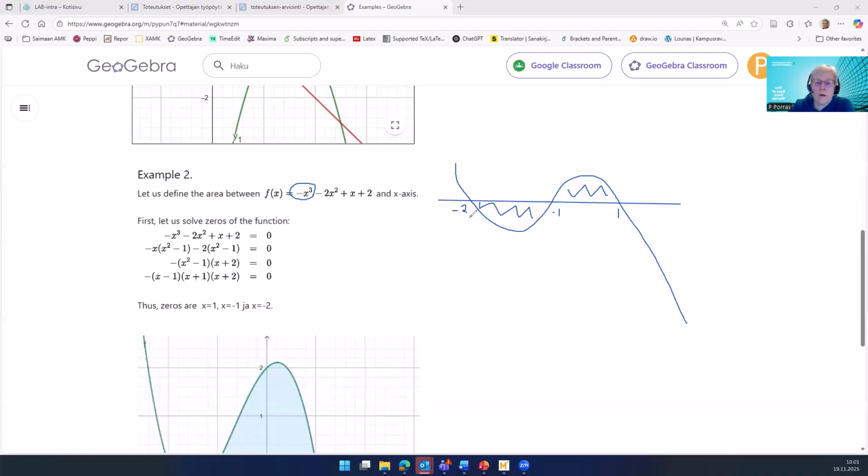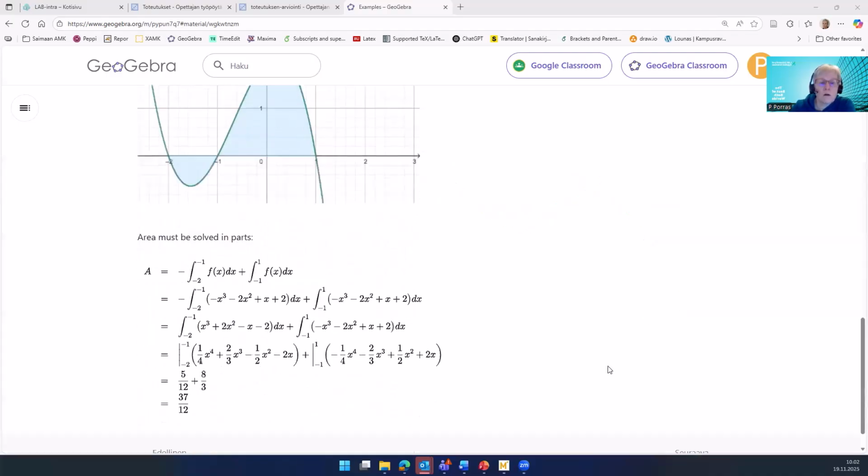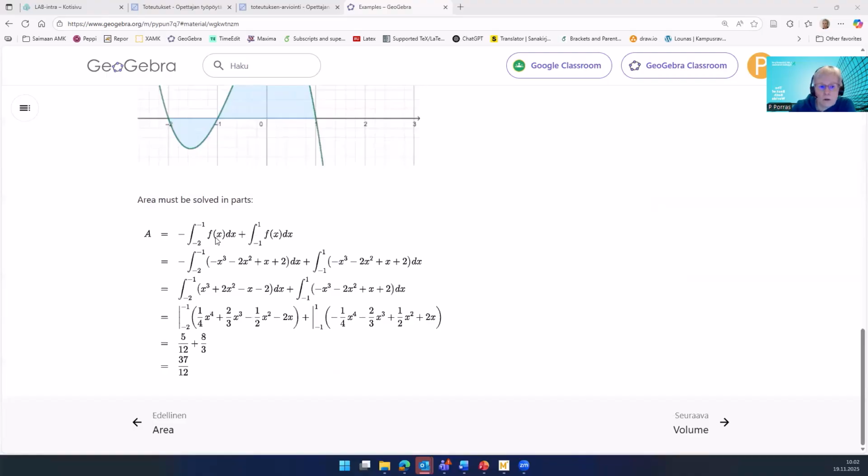So from minus 2 to minus 1, the function is going below the x-axis, so we have to put the minus sign before. Here the function is going above the x-axis, so we can use the actual function. And we have to do the integral in parts.